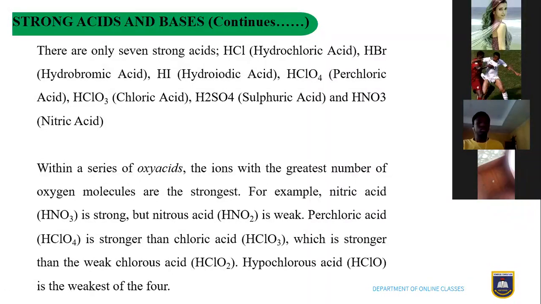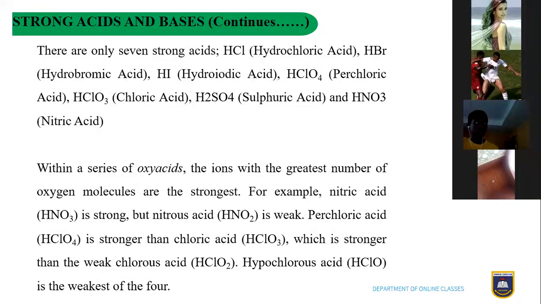Perchloric acid is stronger than chloric acid, which is also stronger than chlorous acid. That's dioxochlorate 1 acid, and then that's a chlorate 1, chlorate 3, and then it's also stronger than hypochlorous acid. That's the monoxochlorate 1 acid.